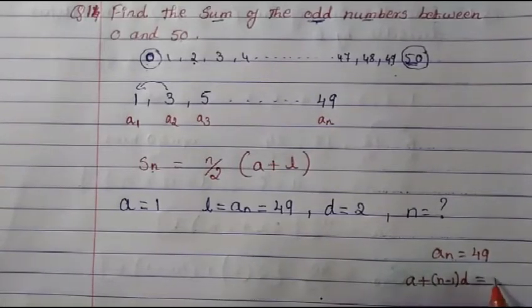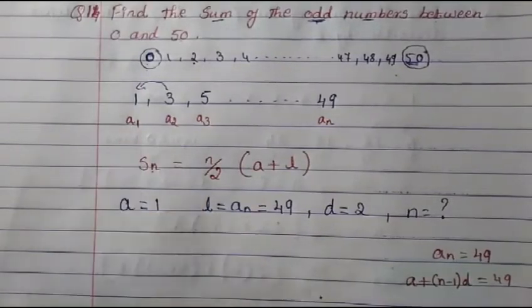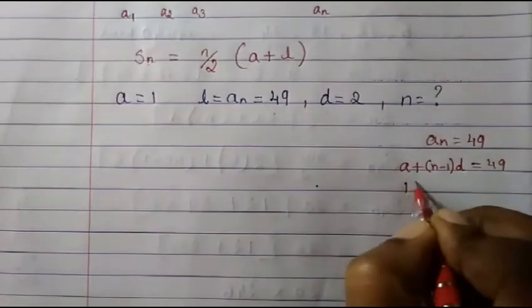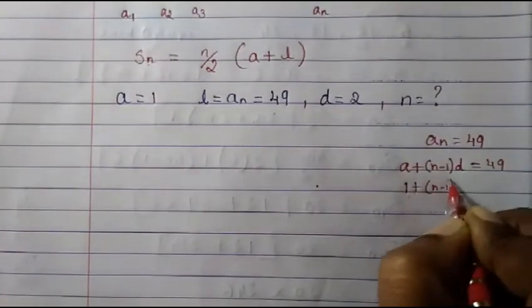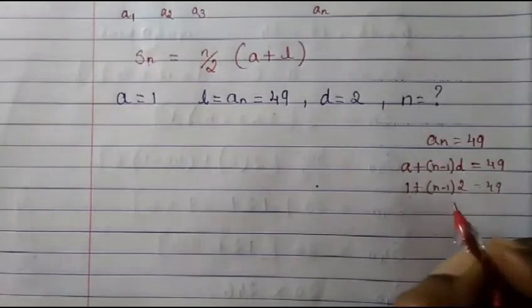This formula I taught you already. So this is equal to 49. Now a value is 1. n we don't know, we have to find n. d we know is 2.